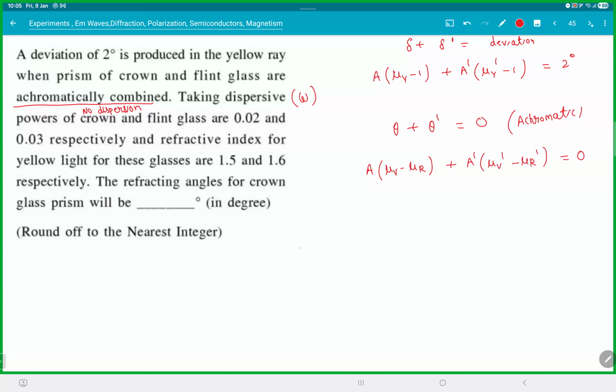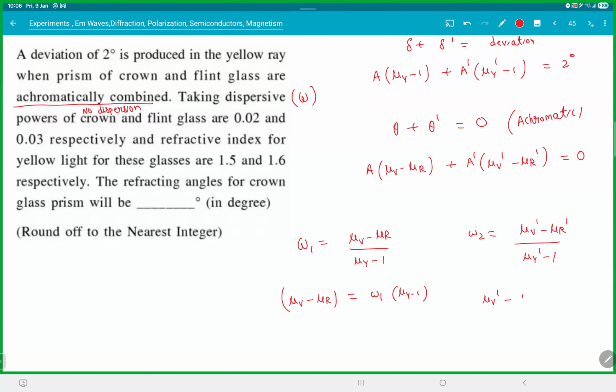That's the second equation. What is dispersive power? Omega 1 will be (mu violet minus mu red) by (mu yellow minus 1). So from here you'll get mu violet minus mu red, which is omega 1 into (mu yellow minus 1). And omega 2 is (mu violet dash minus mu red dash) by (mu yellow dash minus 1).